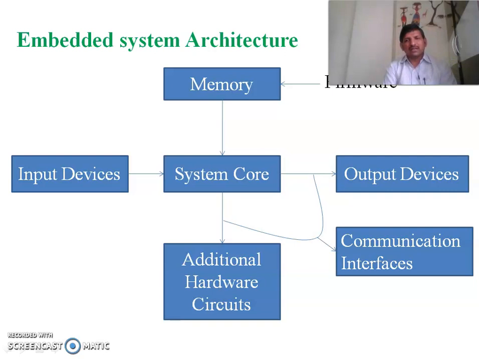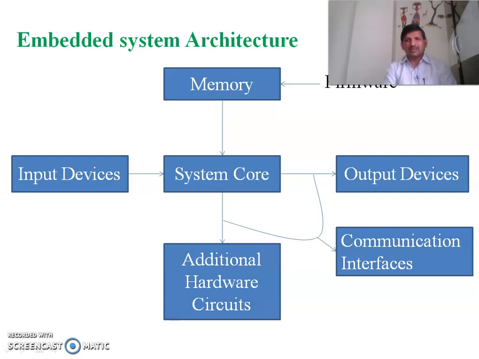Next, additional hardware circuits. To perform additional operations in an embedded system, we use different types of additional hardware. A real-time clock provides the timing reference, and a watchdog timer continuously monitors the system to avoid malfunctions.